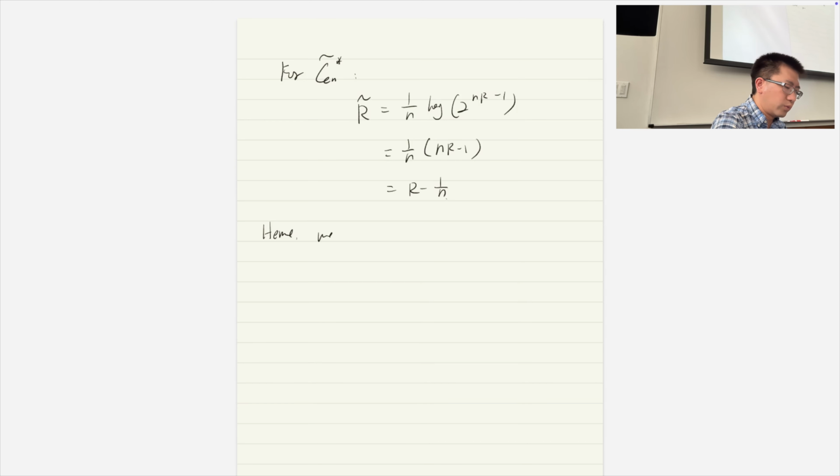Hence, now we have constructed, actually we didn't construct it, but it's sort of constructed.